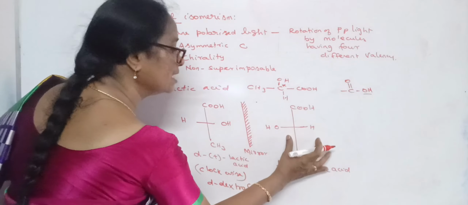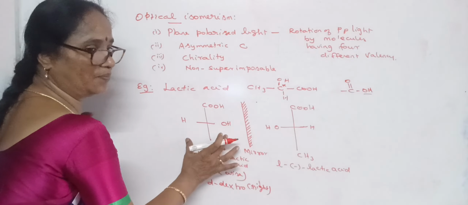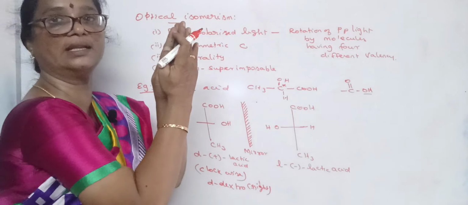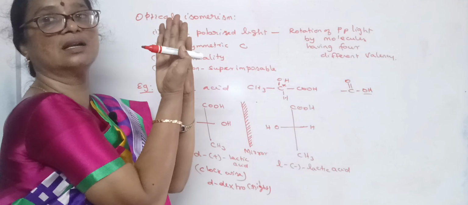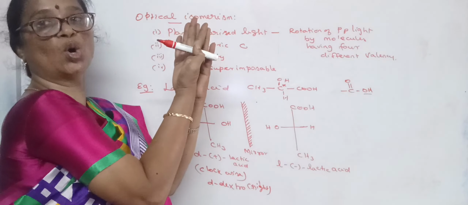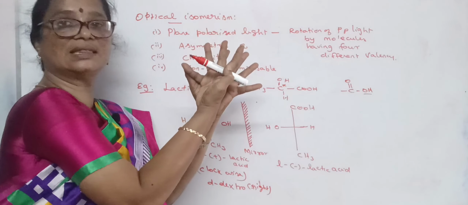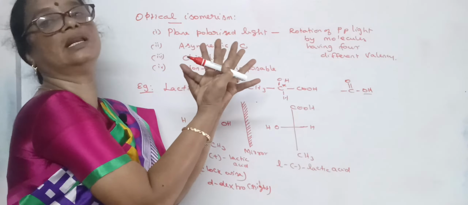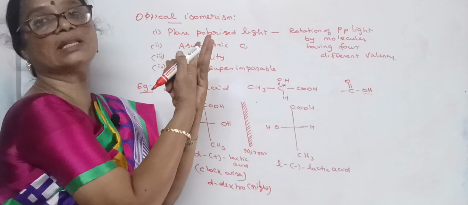When I place this molecule over this, you are not supposed to place like this, you have to place like this. That means when we have the two hands, that is the palms, one over the other, you may find the thumb overlaps with the little finger, and here little with thumb.